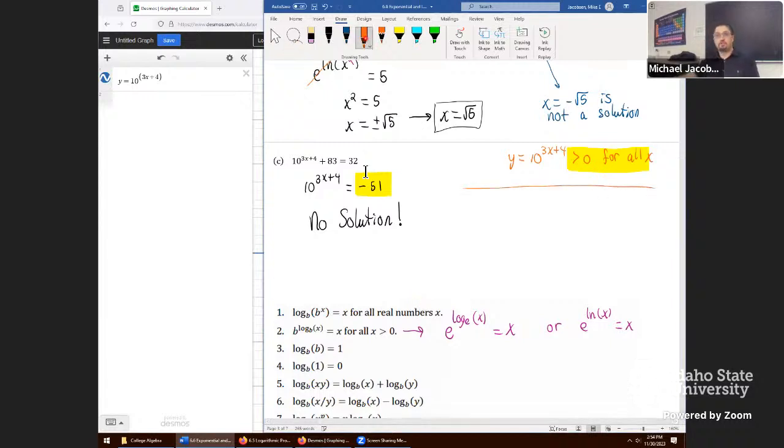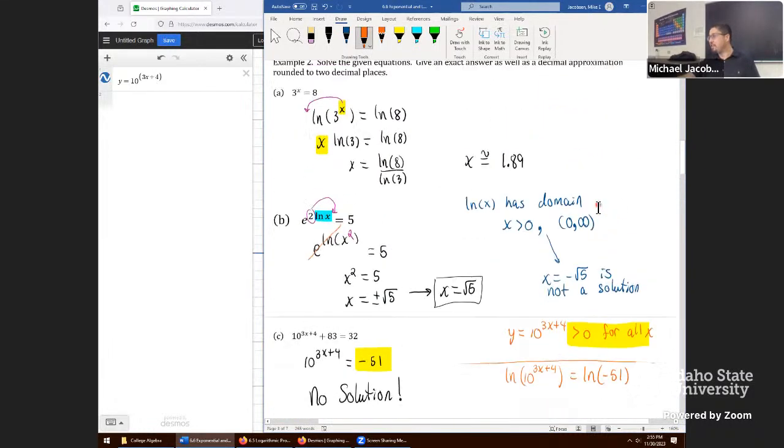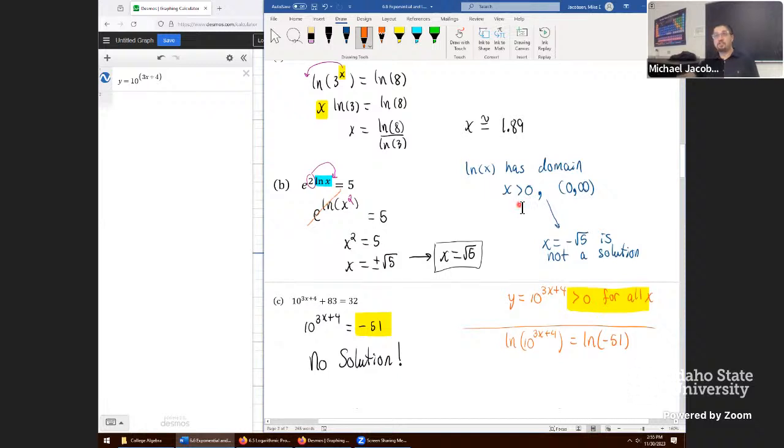Suppose we didn't notice there's no solution and we were going to take another step on this thing. The extra step would be to take the natural log of both sides. It would look like this: natural log of 10 to the power 3x plus 4 equals the natural log of negative 51. And now we have another big problem. Recall, natural log has domain x bigger than 0. Even if you try to put negative 51 in your calculator, it's just going to tell you domain error or syntax error, anything along those lines.